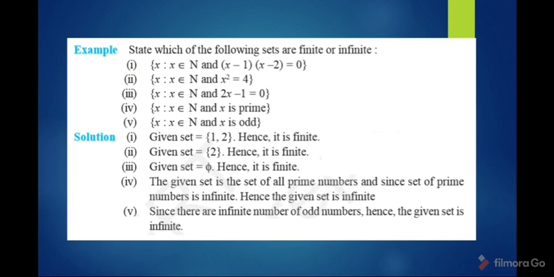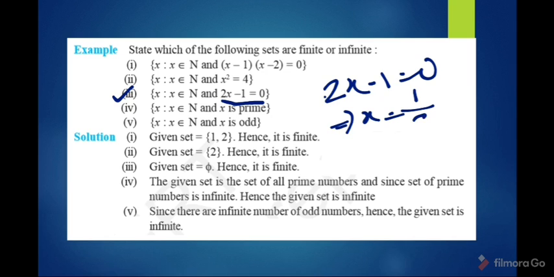Now the third one is the collection of all natural numbers which satisfy 2x minus 1 equal to 0. If you solve this equation, the value of x will be half, and you know half is not a natural number, right? So the only possible solution is half, and it is not a natural number.